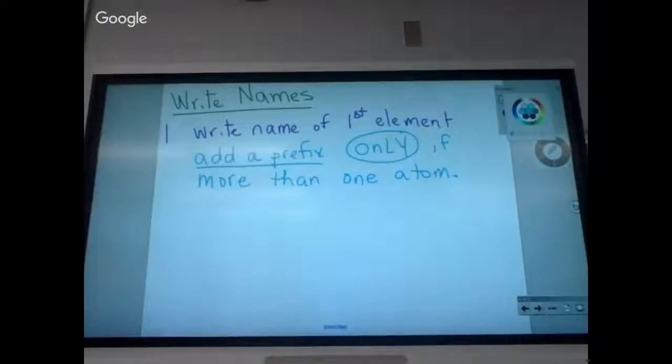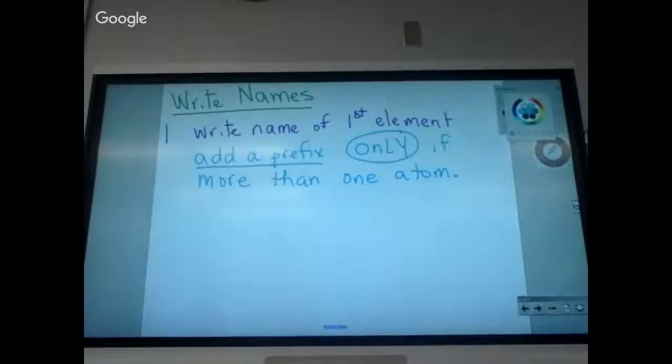So, we might add a prefix on the first element. We have conditions as to whether we add a prefix to that first element. We have to have more than one, meaning two or more. If we do not have two or more, are we going to add a prefix to the first element's name? No.